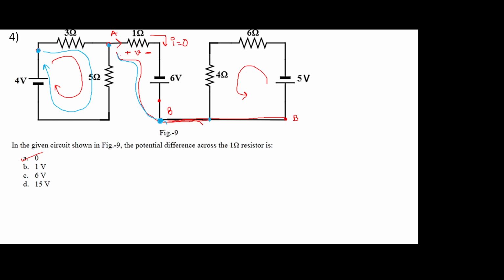Here it ends. This point is also B, this point is also B. Since there is no resistance or any other elements or parameters in between this line, this entire point is the node B. Now this is connected across a 5-volt supply. Now this same point B is again connected to a 6-volt supply.